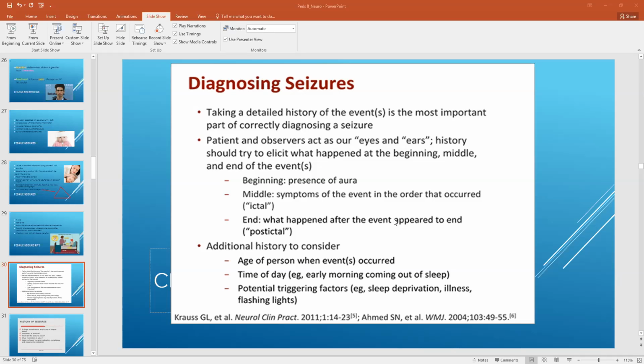We've got to get this history. You can also get some of the history from the patient themselves, but usually we want to know what happened at the beginning, the middle, and the end of that seizure, what time of day it occurred, the age of the person, and potential triggers.